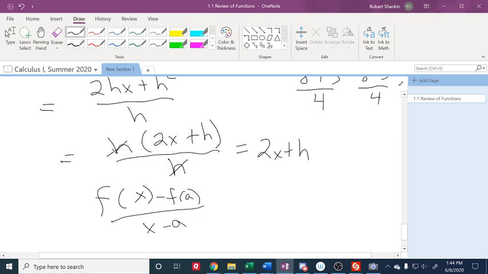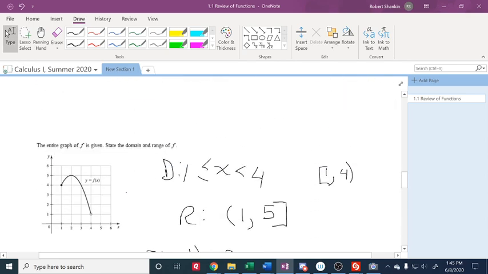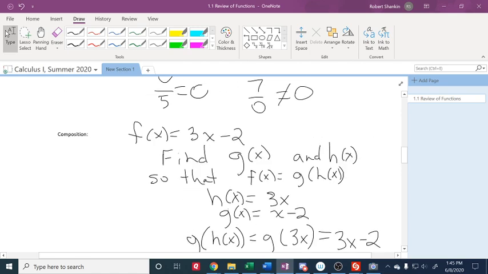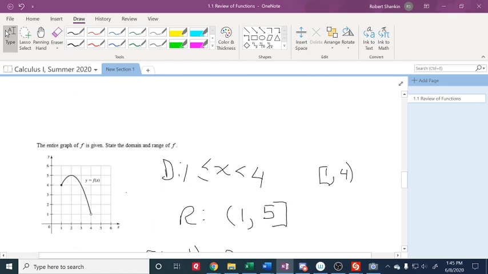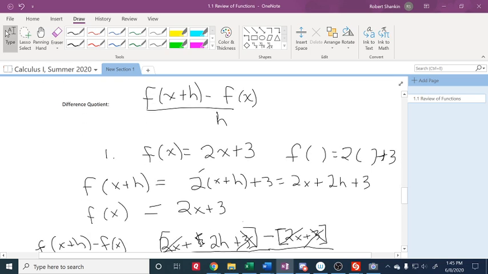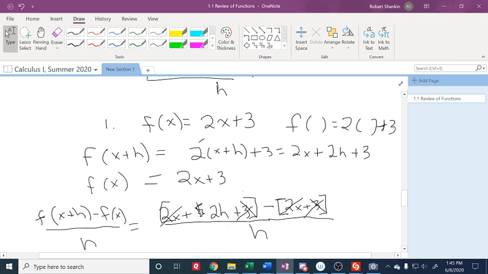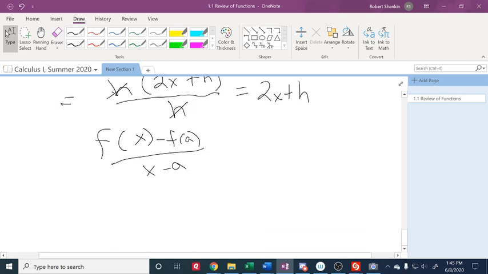If you have this expression, that's going to be the same in the end as this other one. Difference quotient. That's the same as this one. Those two expressions wind up being equivalent, and you'll see that when you do the homework. It'll have you actually do a difference quotient like this, and it'll tell you what the a is over there.